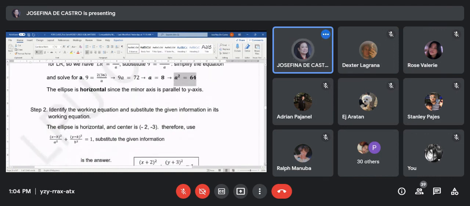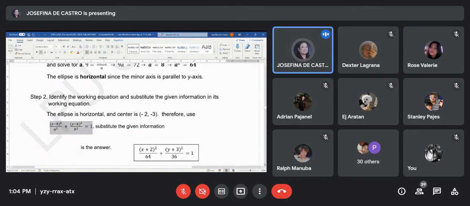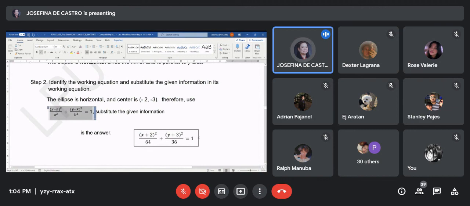Okay? And then we're going to use the horizontal ellipse equation, with A squared under the x squared. Therefore, this is our standard form: x plus 2 quantity squared over 64 plus y plus 3 quantity squared over 36 is equal to 1.